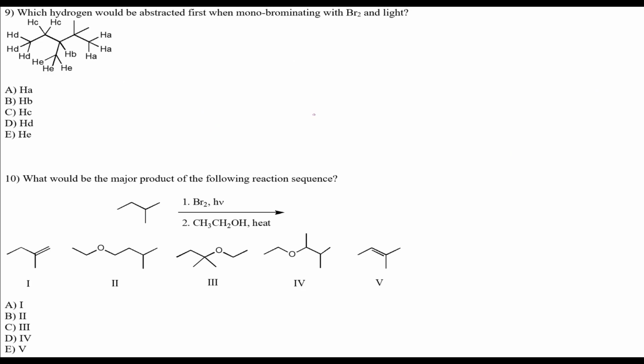Which hydrogen would be abstracted? Abstracted just means which one is going to be taken off to give a radical, okay? So give radical. First, when monobromating, that means that we put in one bromine, we just put in one bromine with Br2 and light. Okay, so which one is going to be?